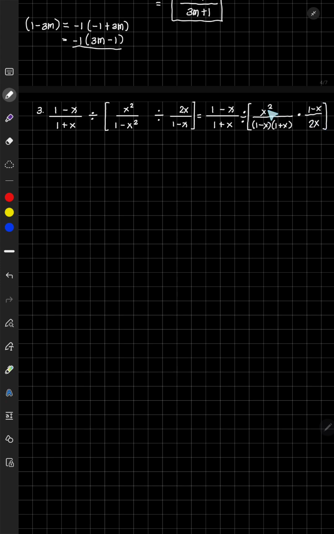So we can cancel out the x from here and also the x from the 2x, and cancel 1 minus x and 1 minus x.